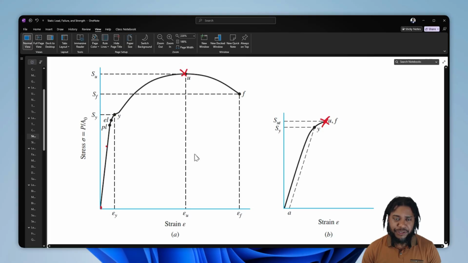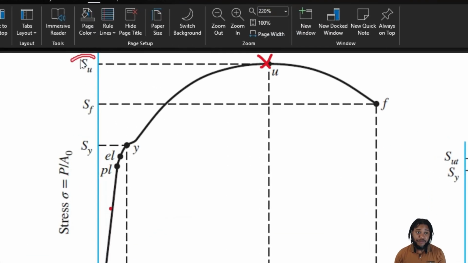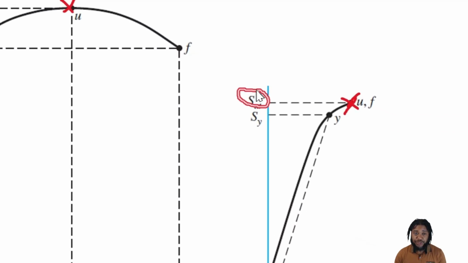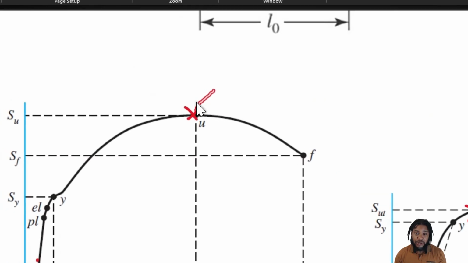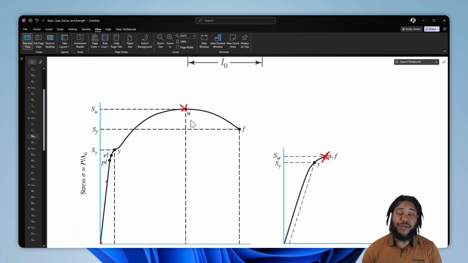In both cases, the ultimate tensile strength of the material, here called SU, here called SUT, is the largest engineering stress observed in this stress strain curve. It is the maximum stress that a material can sustain before it starts to deteriorate.